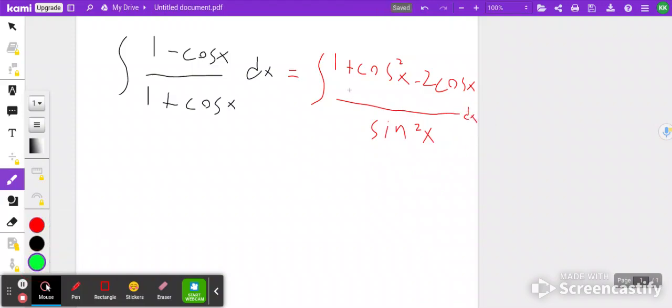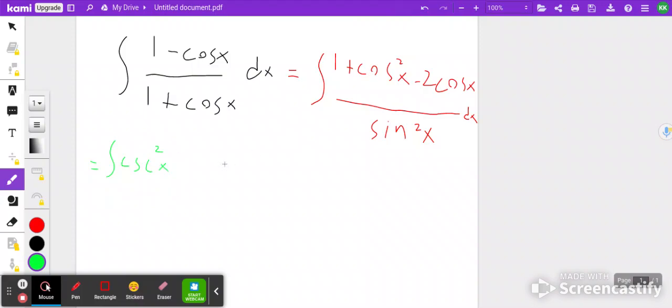Now, we can simplify this by splitting it up. This is the same as writing it as 3 separate integrals. The integral of 1 over sine squared x, which is cosecant squared x.